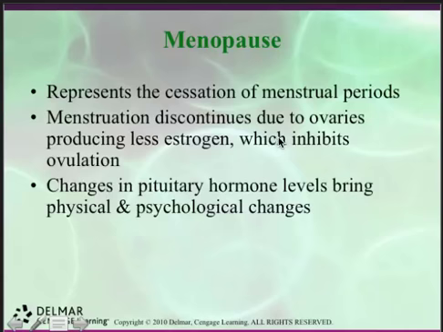So the result here with the last egg leaving the ovary is now menopause. There's no longer a need for the uterine cycle because there are no more eggs to implant, and as a result, due to the decline in estrogen and progesterone production, there's no more cycling of the endometrium.